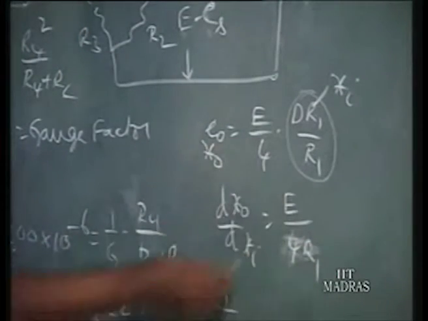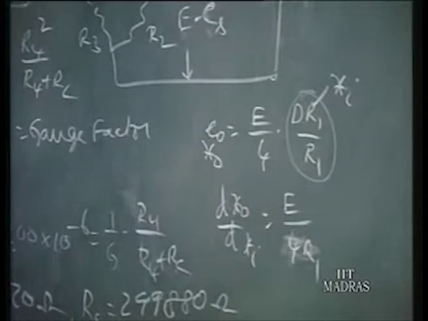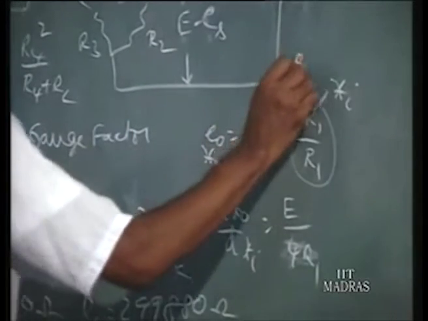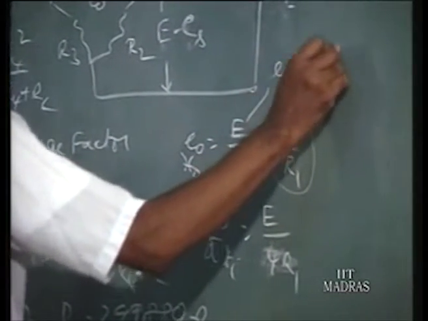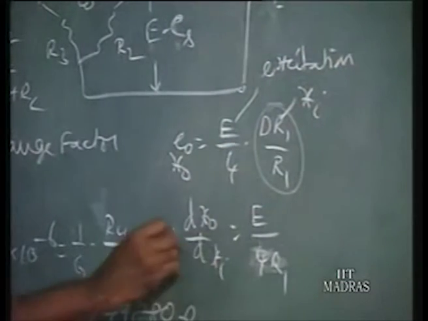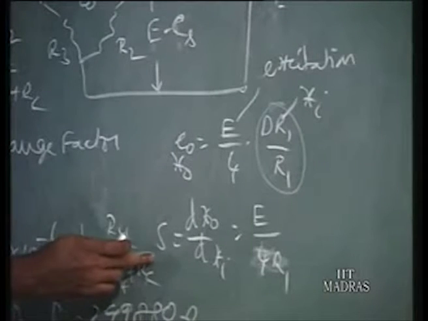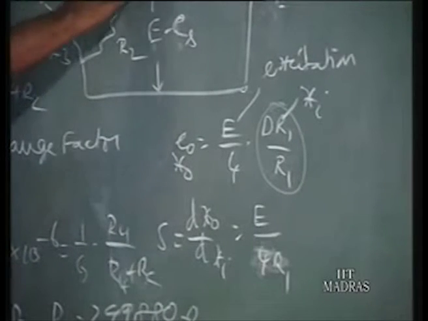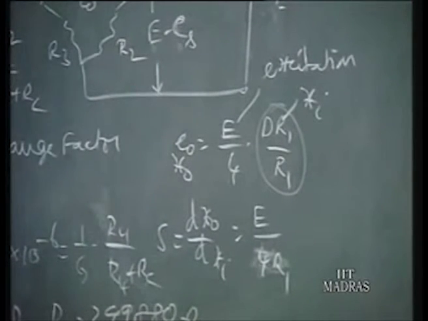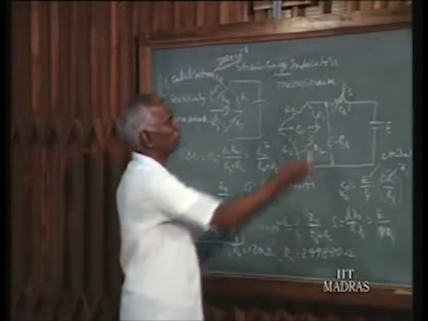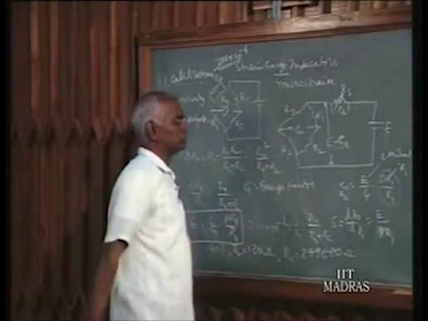R1 is constant and E is the excitation voltage in this equation. So whenever we change the excitation voltage, sensitivity is changed. This is the equation. Hence you find that by just putting a resistance in series with the excitation, we can vary the sensitivity of the bridge.